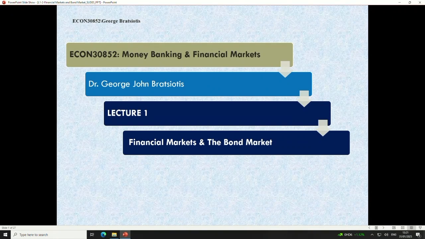Textbooks, I mean, somebody already emailed me that they can't get hold of the Cecchetti and Schoenholz book. Never mind. It's in the library. They may not be online, but there's a few copies of it. The main textbook that we'll be using is Mishkin, right?